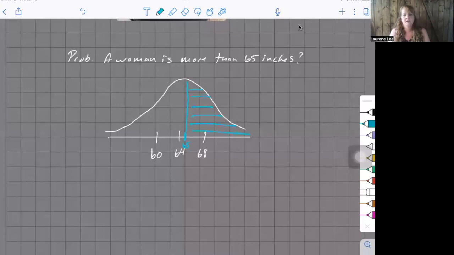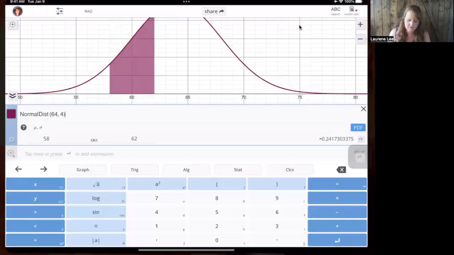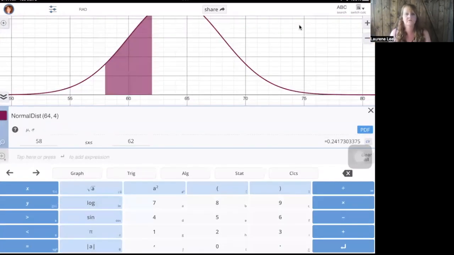Okay, you're going to do this the same place on your calculator. Let's go check that out. You can use this same work you did right here, okay, because the mean is still 64 and the standard deviation is still 4. We're just going to change our little section right here. Okay, so I want to know what's 65 up.